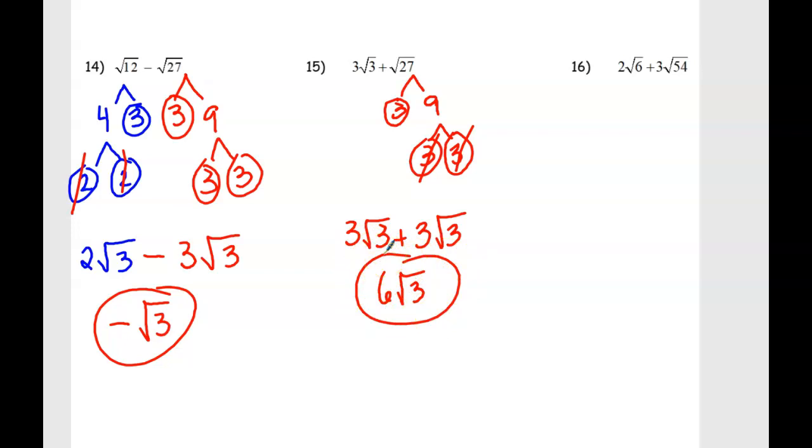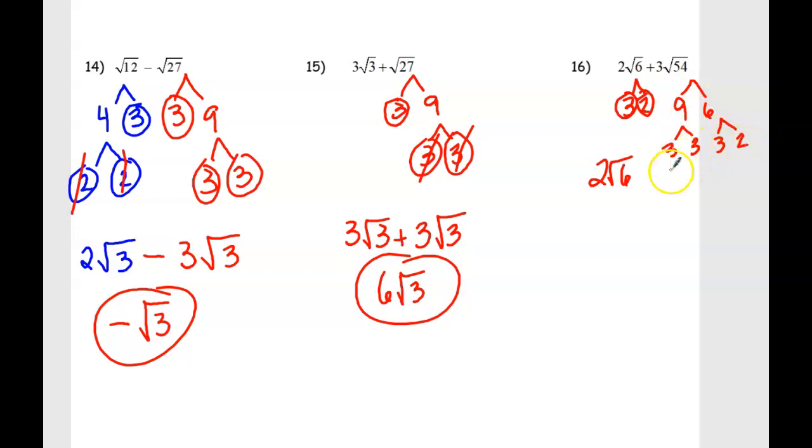All right, so if I look at 16, let's see, we could do 2 radical 6. We could do 3 and 2, but there's nothing to match them up with, so this would just be 2 radical 6. And then with 54, let's see if that's in simplest radical form. We've got 9 and 6, 3 and 3, 3 and 2.